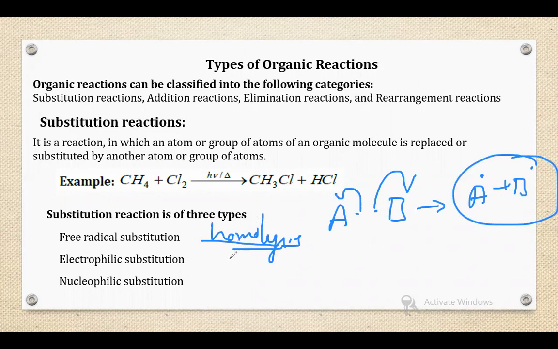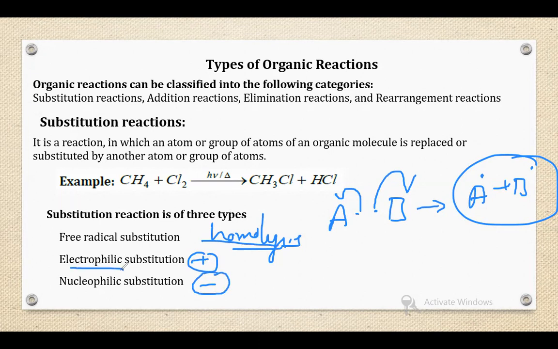Next, heterolytic, unequal cleavage of an organic compound will form an electrophile and a nucleophile, positive and negative. Nucleophile has negative charge, meaning electron rich; electrophile has positive charge.